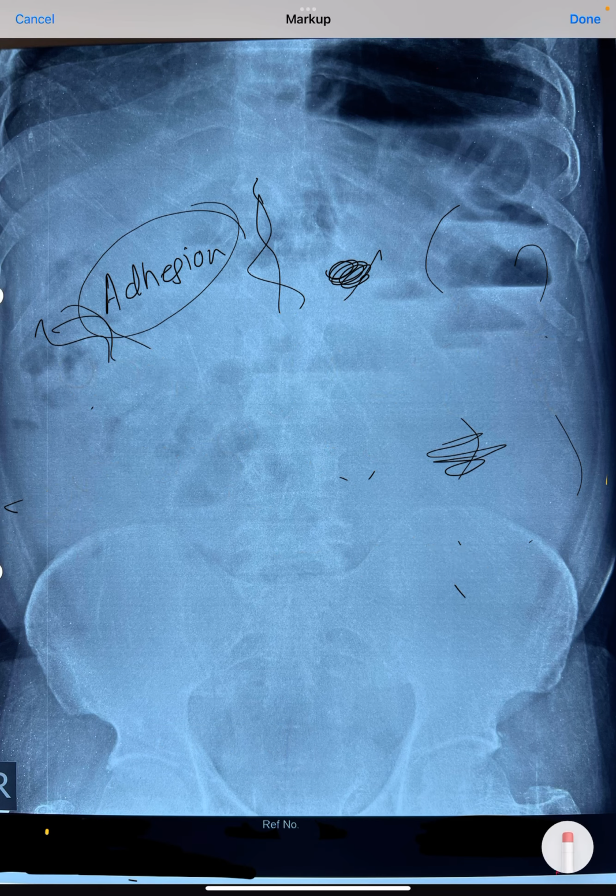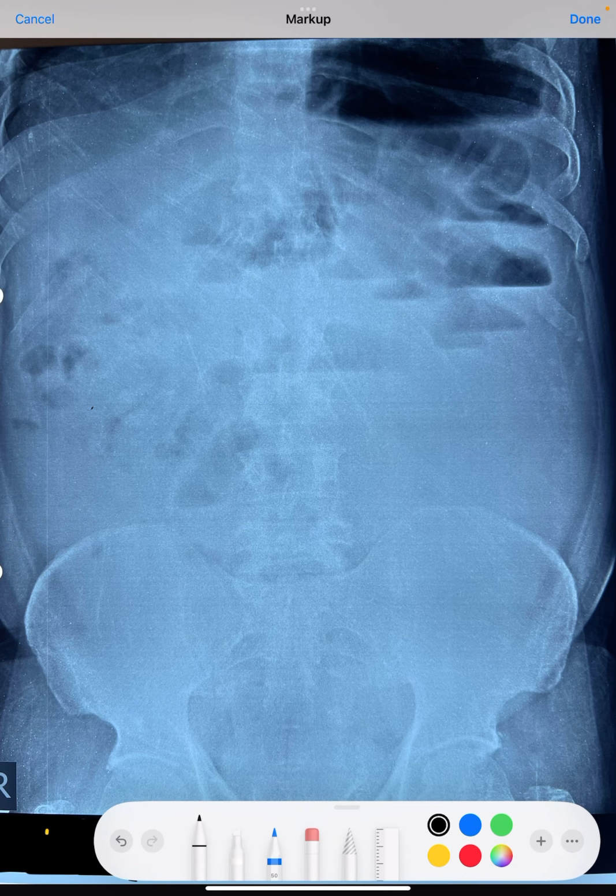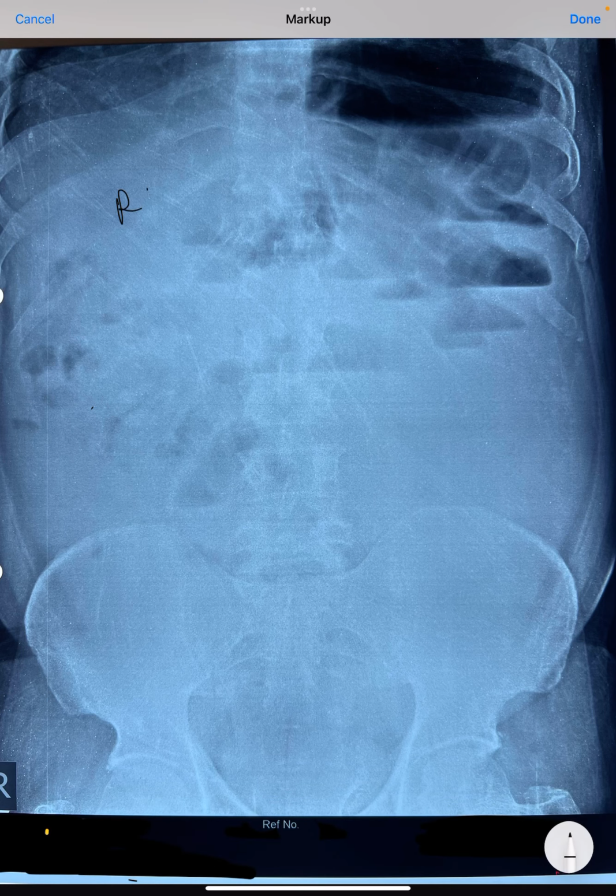In such patients, laparotomy and adhesiolysis is usually indicated. Most medical intestinal obstructions get better with Ryle's tube insertion, hydration, antibiotics and supportive care.